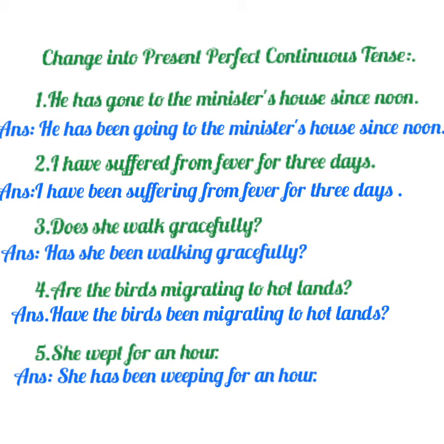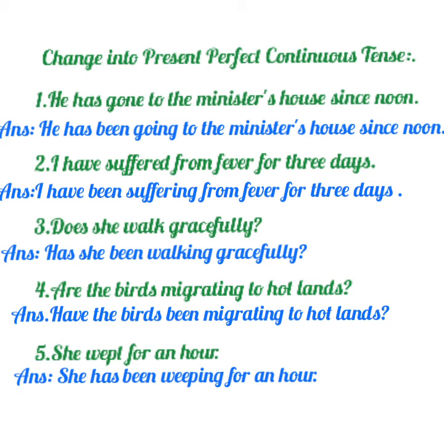are the birds migrating to hot lands? This is another question form. That means we have to use the question form of present perfect continuous tense. We need to start with has or have. In order to know which one to use, has or have, we have to focus on the subject first.